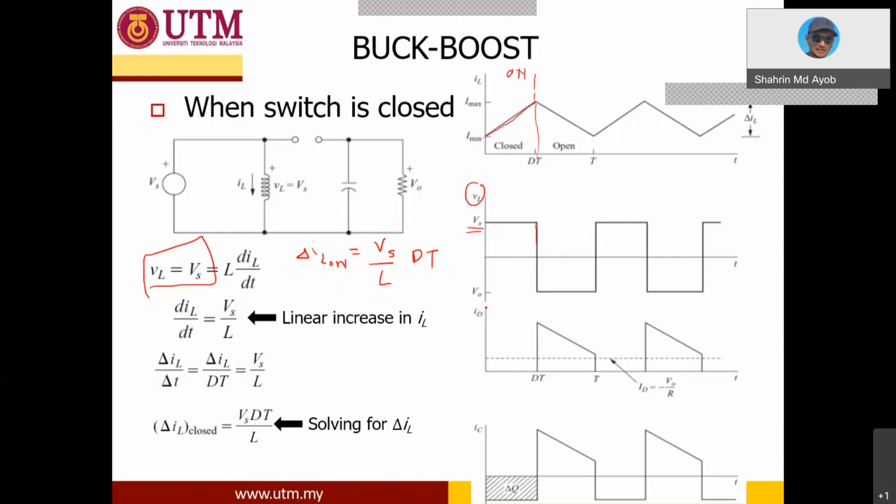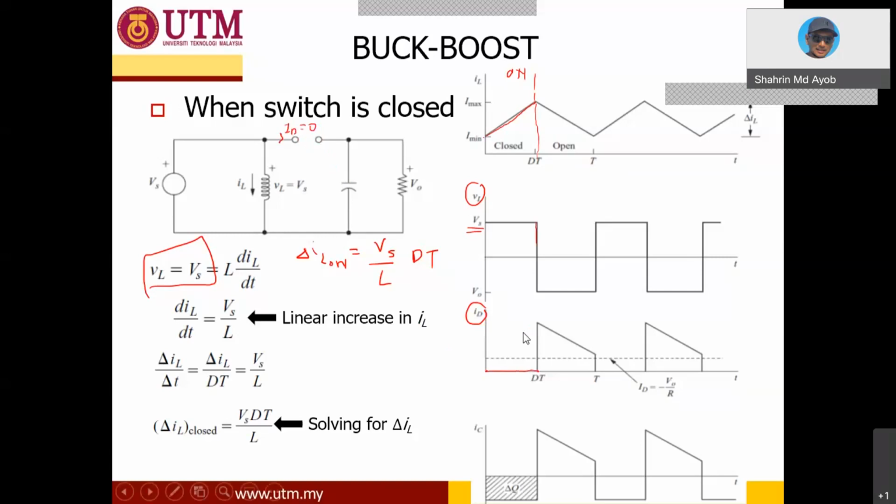And this is the ID current, the diode current. As you can see, this is your diode. Right now the diode is in reverse bias, so there is no current. ID here is 0.